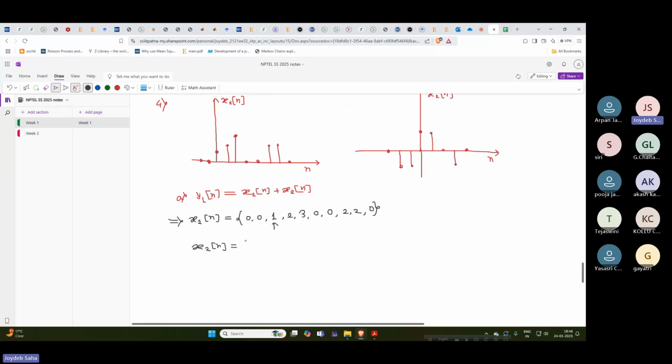is equal to 0, minus 2, 2, plus 2, plus 2, 0, minus 2, 0.